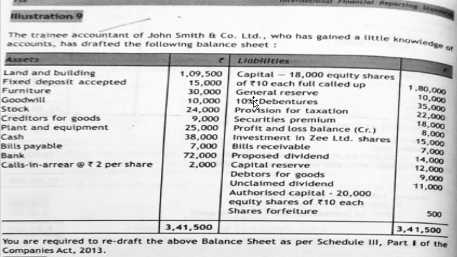Then they've given our liabilities: capital of equity shares, general reserves, 10% debentures, provision for taxation, securities premium, profit and loss balance, which is credit, investment in Z Limited shares, bills receivable, proposed dividend, capital reserve, debtors for goods, unclaimed dividend, authorized capital, equity share of rupees 10 each, share forfeitures.